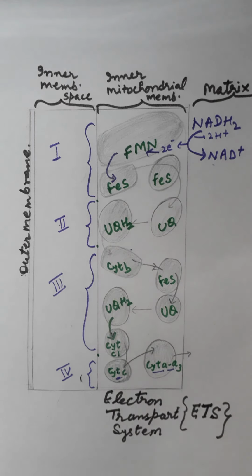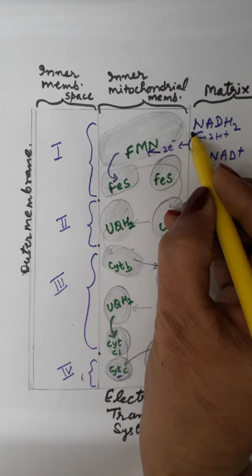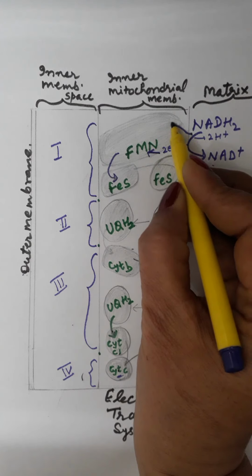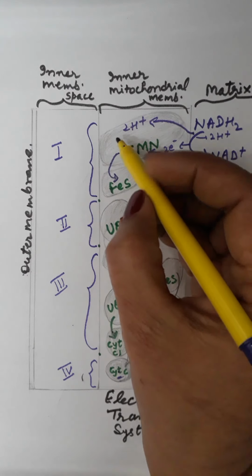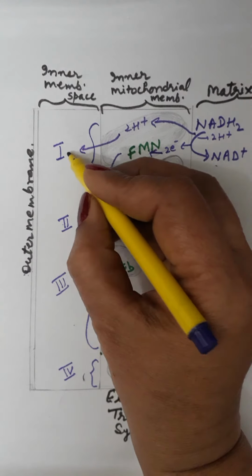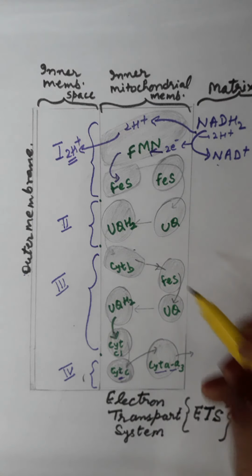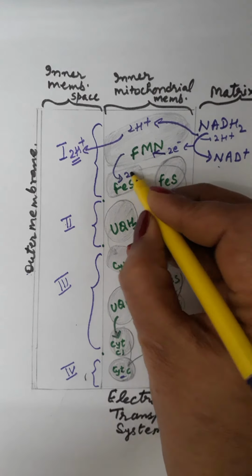When they travel from one carrier to another, they release energy, and this energy is used in picking up protons from the matrix, and these protons are transferred to the inner membrane space. Now these electrons pass from complex 1 to complex 2.